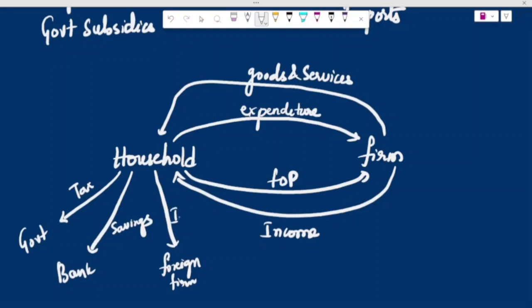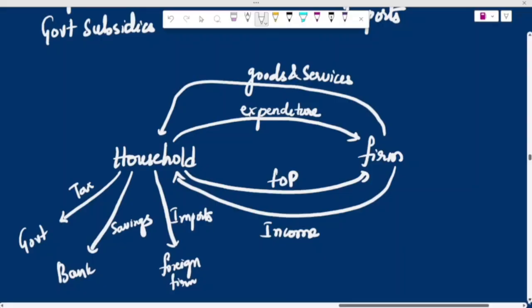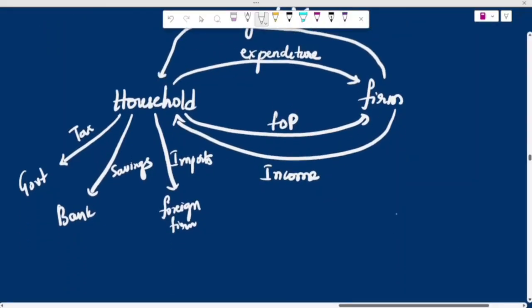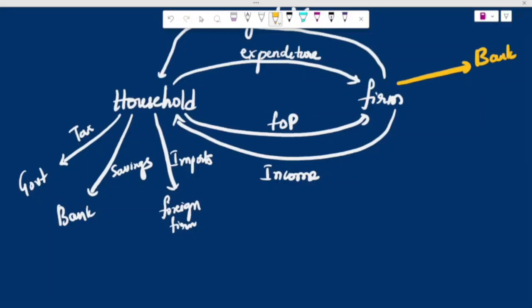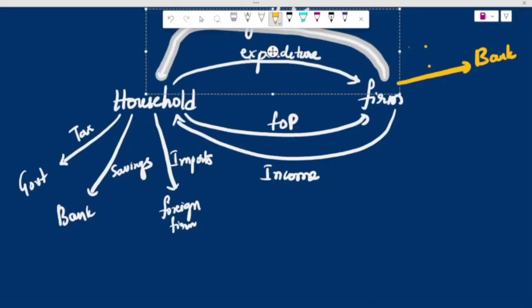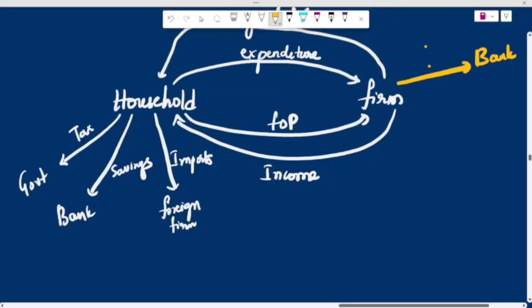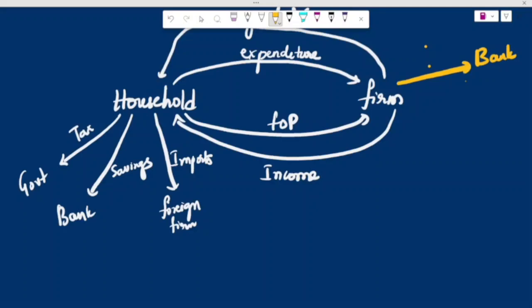When it comes to the firm side, I'll be using a different color for injections. Firm will be getting money from the bank as investment. So from the bank, firm will be getting investment. Then firm will be getting subsidies from the government.